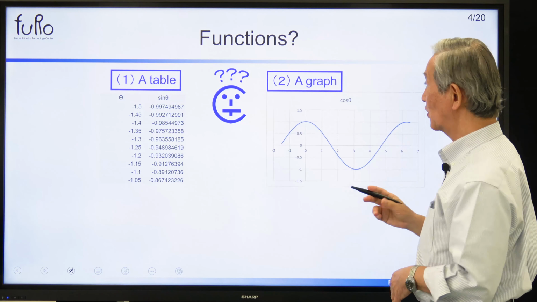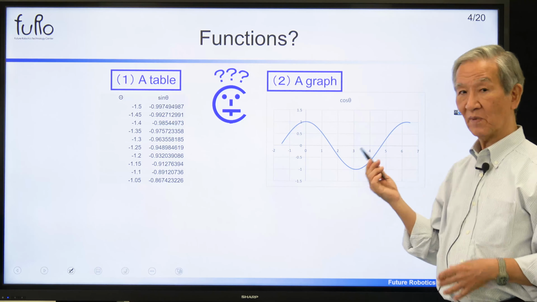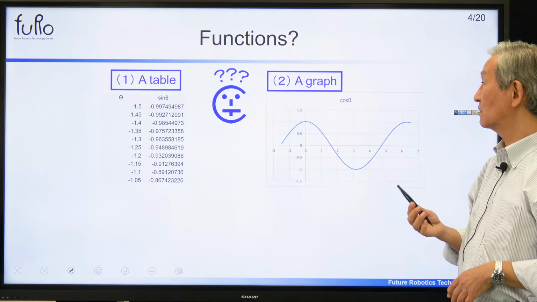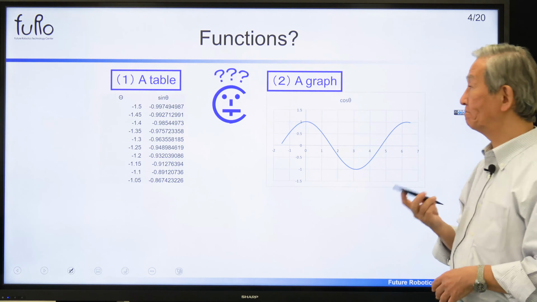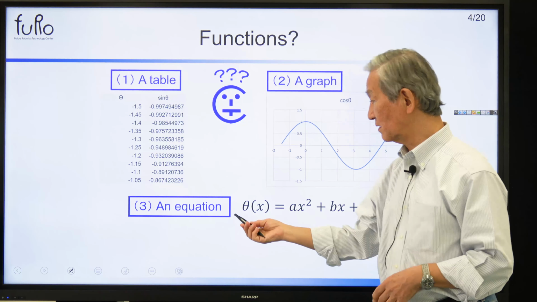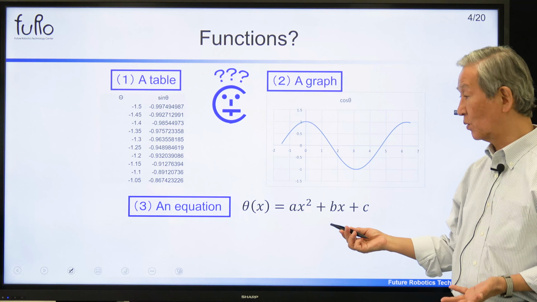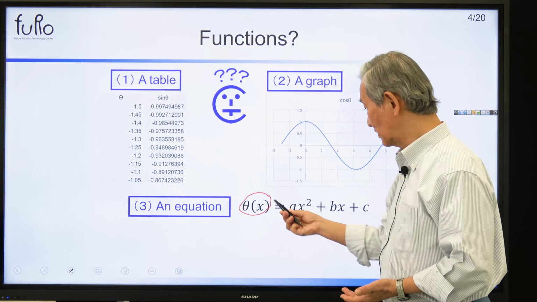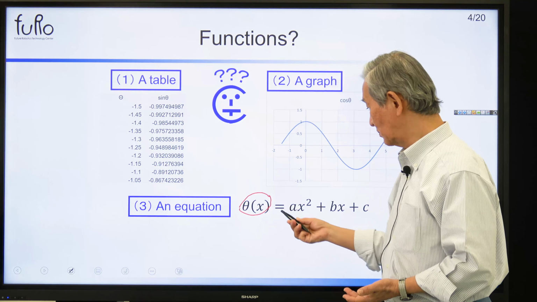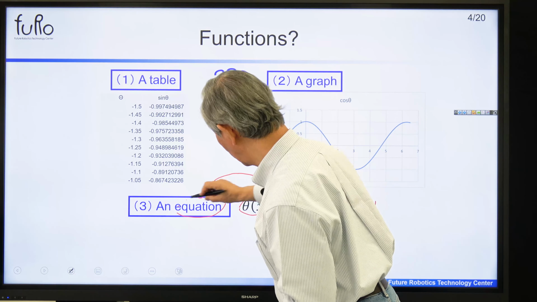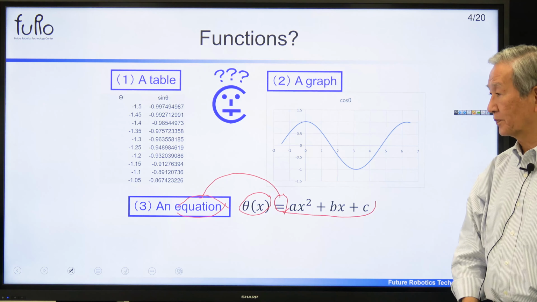But for human beings, a graph is much easier, much more understandable. And finally, functions can be given by an equation. Theta of x here is given by this polynomial, and this equal sign is what makes this an equation.